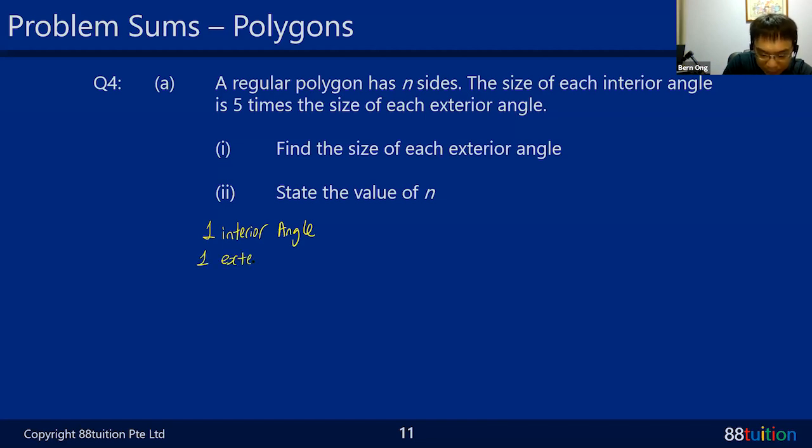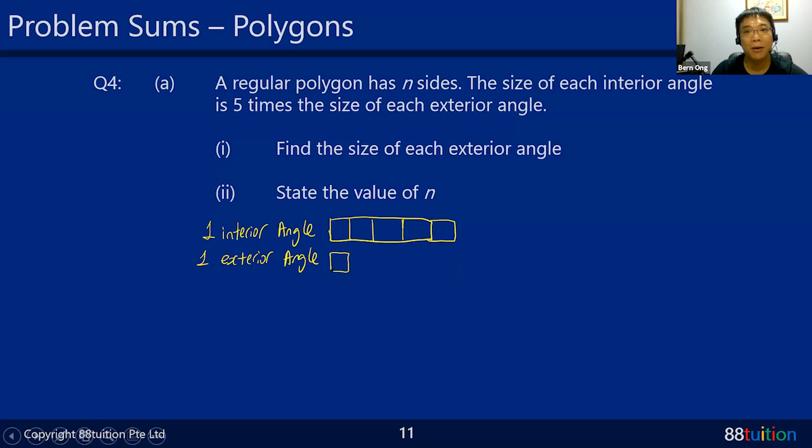The question says each interior angle is 5 times. So 5 times means draw model, nobody laughs at you. 1, 2, 3, 4, 5. The exterior angle only has one of these. And this one has 1.